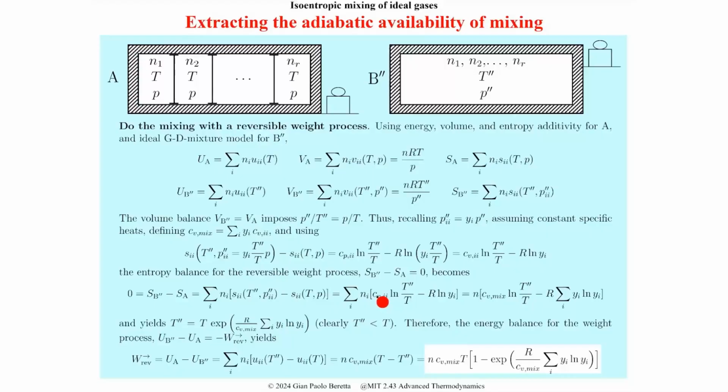Okay. And then I recognize this final term, which is exactly what we call the entropy of mixing. But in any case, since this has to be equal to 0 by the entropy balance, this gives me a way to calculate T double prime, the final temperature. And this is the result.